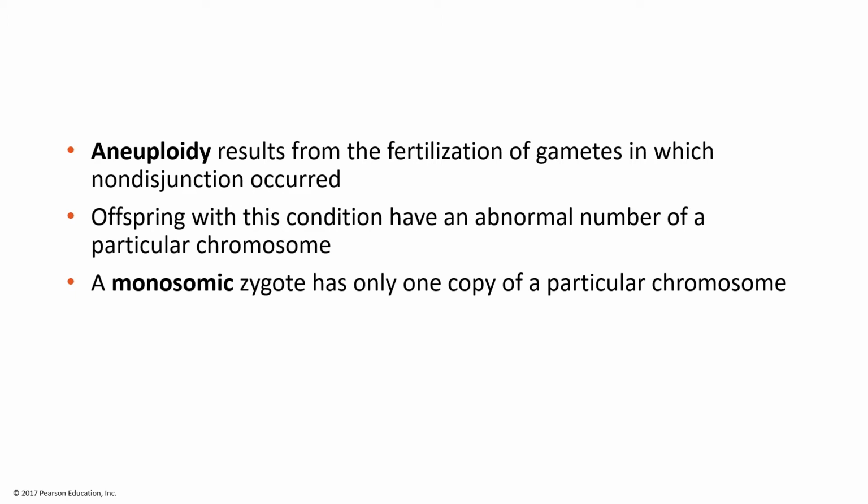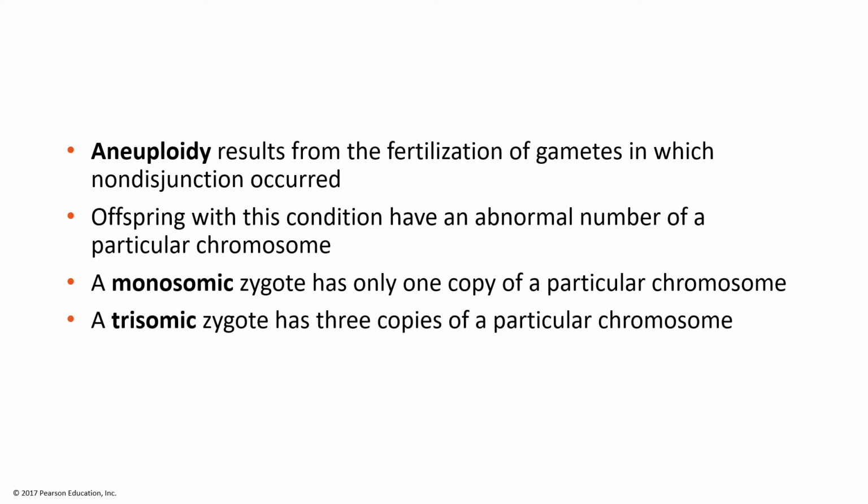They might be monosomic, which means they've only got 1 copy of a particular chromosome. And in general, this is going to be an embryo-lethal condition. There are a few rare instances, one of which we'll touch on by the end of this lecture, where the zygote is viable, at least to mature.